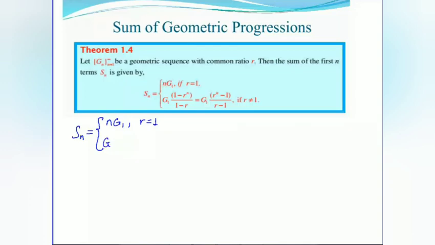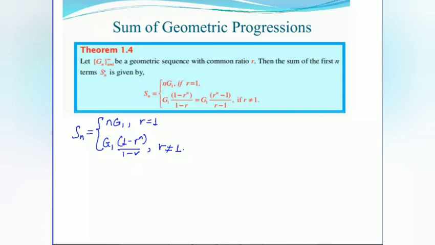Otherwise, the sum of the first n terms is g1 times 1 minus r to the power of n over 1 minus r. This formula works when the common ratio is different from 1. So we will apply this formula to solve sums of geometric sequences.